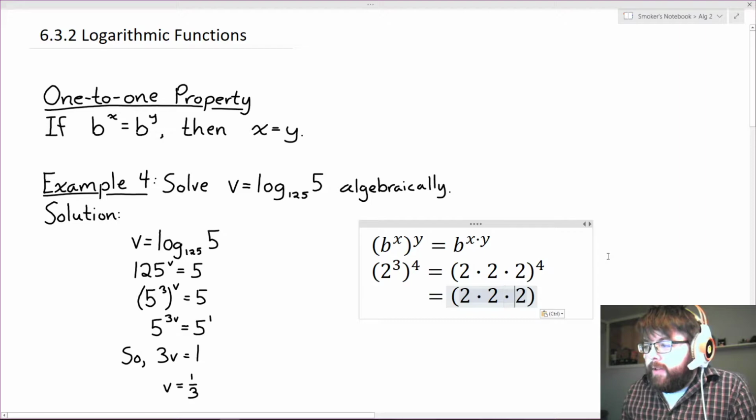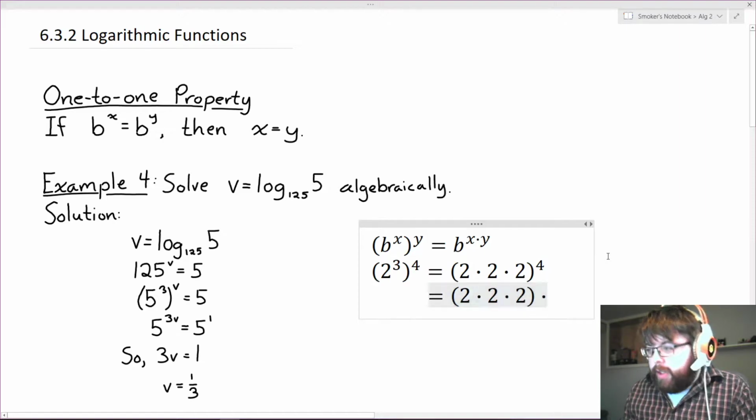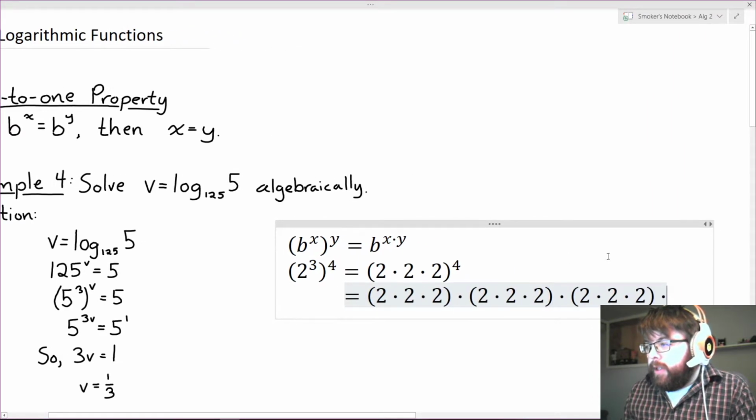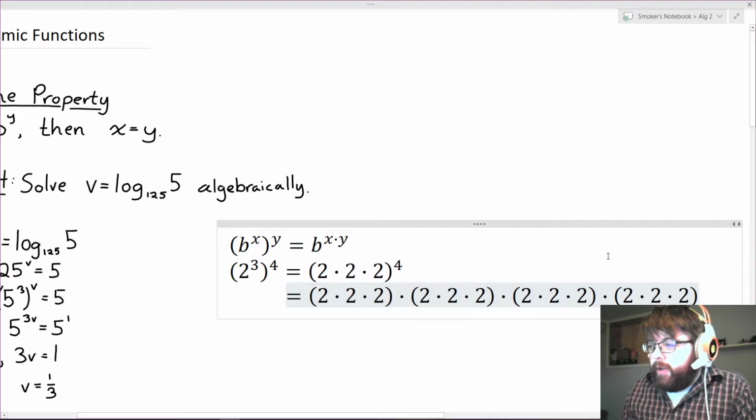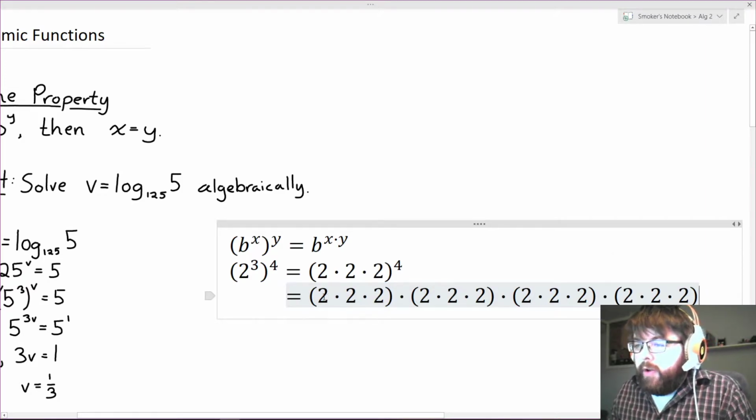I'm going to take that 2 times 2 times 2, and 4 times I'm going to multiply that by, like I said, off the screen, but I can always scroll back over.